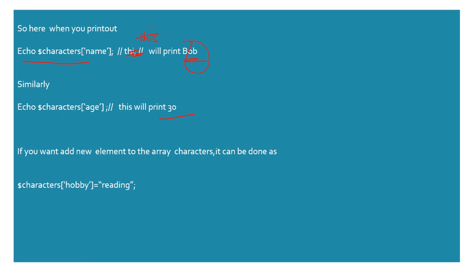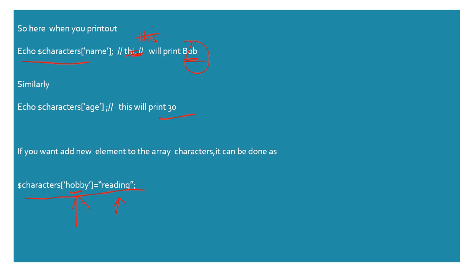Similar to an integer array or a float array, with associative arrays, if you want to add a new element, you can use the array operator again. Characters is an existing associative array, into which you are adding a new value, reading, and the index of that location will be named hobby.